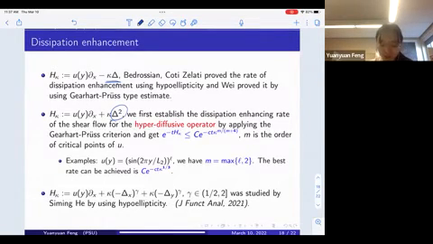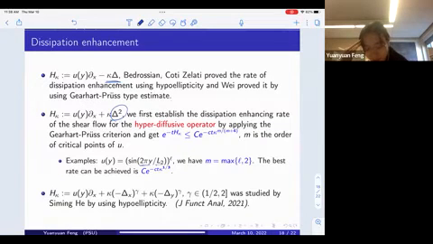Here is a prototypical example. Say u y, the shear profile, is written as sine of y divided by sine y to the power l, with some normalizing coefficient. 2 pi divided by L2 is just some normalizing coefficient.